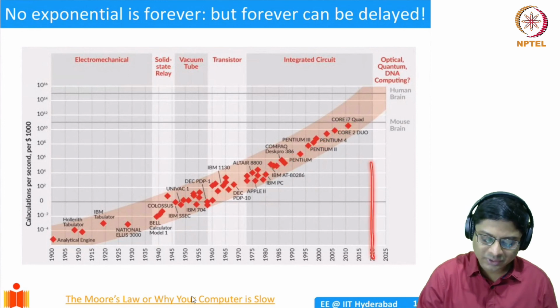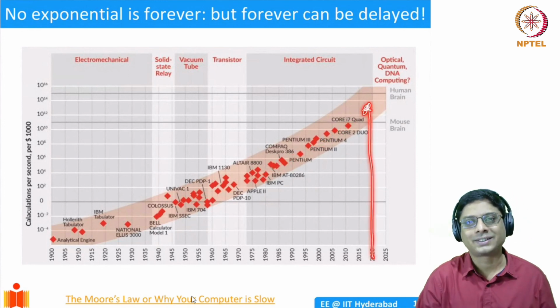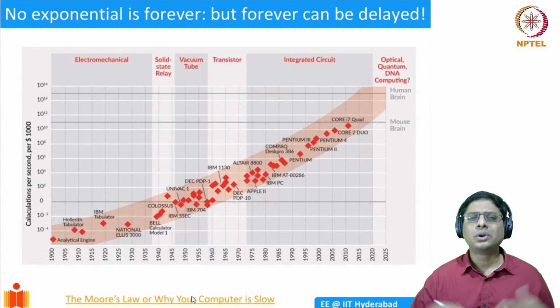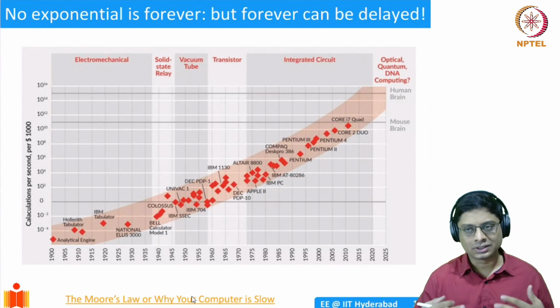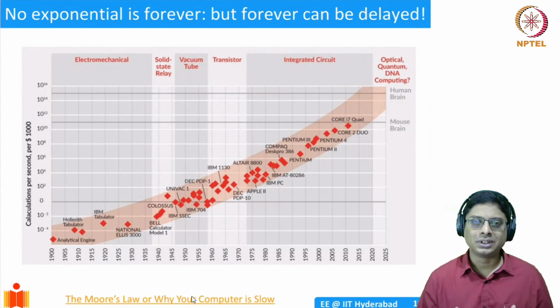And now we have come close to 2020, somewhere here. What next? There are a whole range of ideas that are being discussed, and no one really knows which. We believe that optical technologies might play a crucial role because optical technologies inherently have higher bandwidth and can actually go faster.